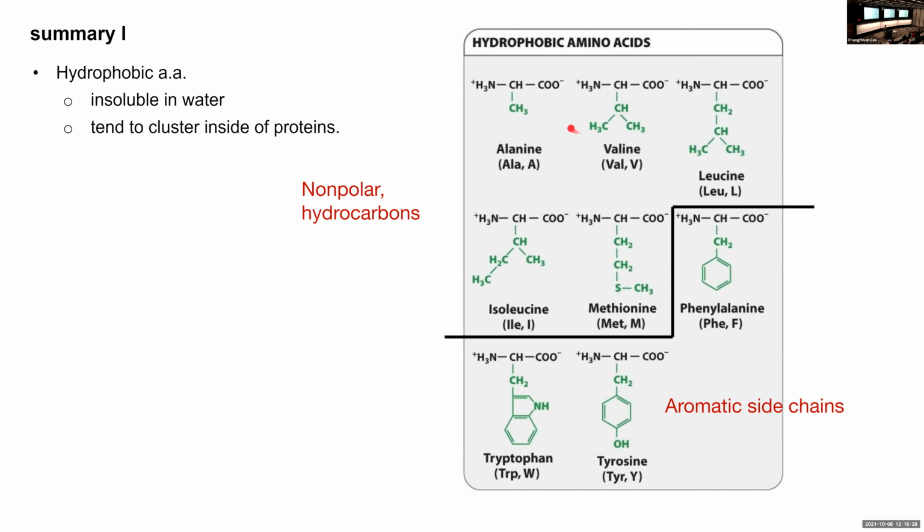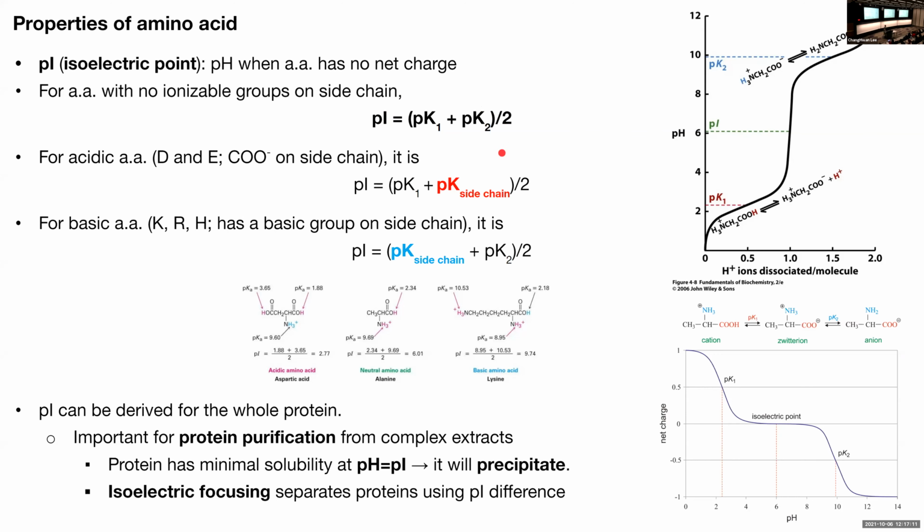That's a good question, actually. For acidic ones and basic ones, definitely you can apply these equations, right? For the rest of them, for example serines and threonines, which can also ionize, their pKa value is sort of mediocre, so it's not going to affect the pI value too much. So you can plug in the original one for those.